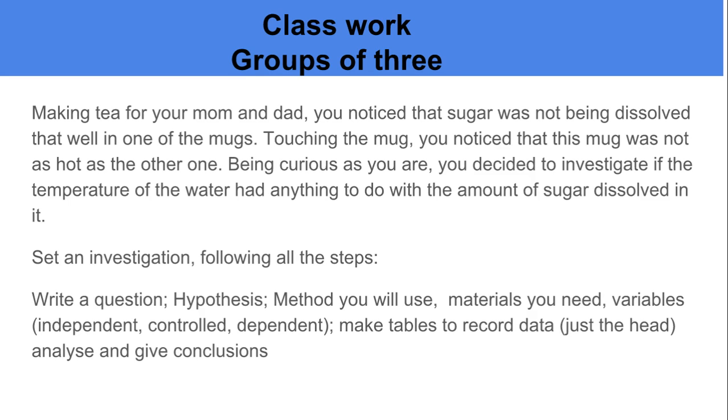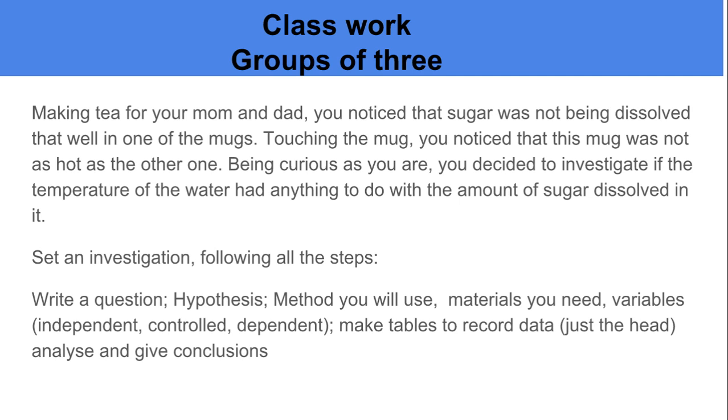And after you do a hypothesis, just set up an experiment. Method you will use, materials you need, variables, and decide what variable is going to be independent, controlled, or dependent. And if you want to make a skit and draw the experiment, this is great also, and is welcomed.